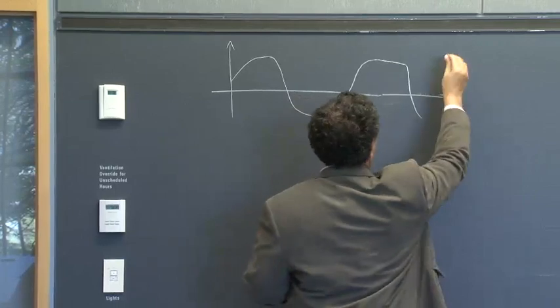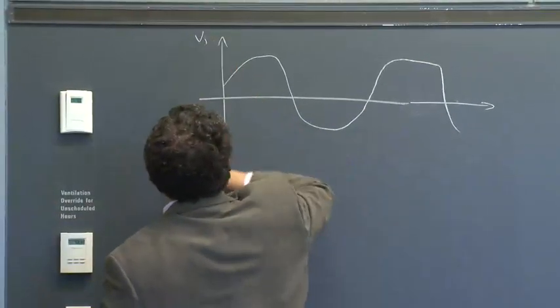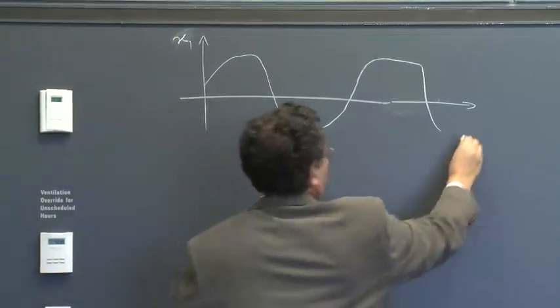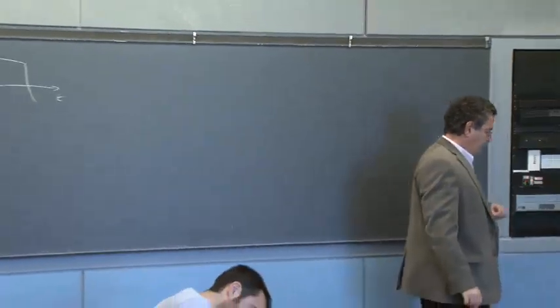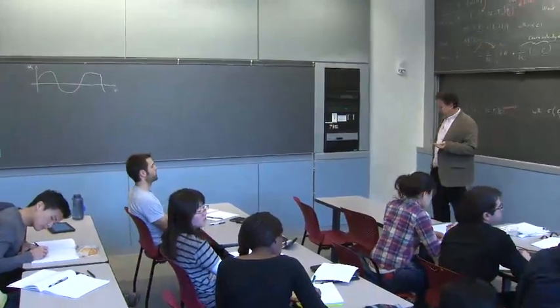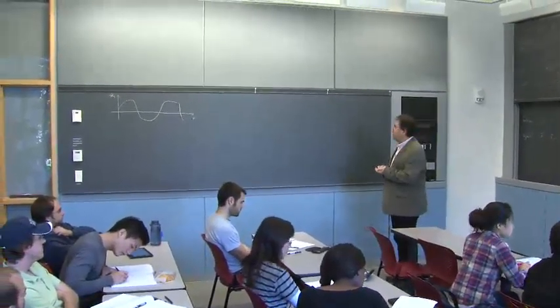So this is, let's say, V1, or let's say X of a van der Pol. This is just a conceptual drawing, but you can very easily reproduce that in a simulation.